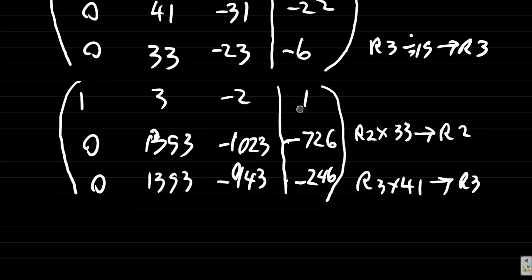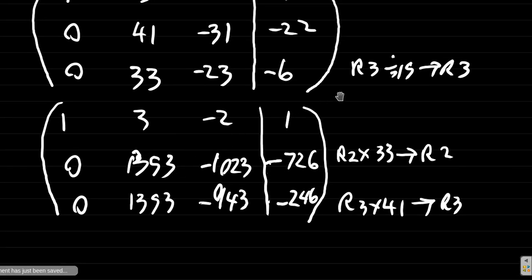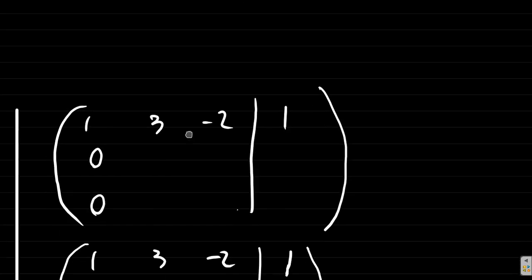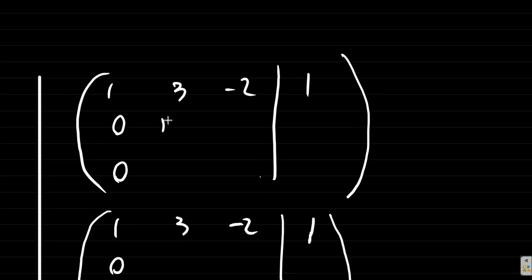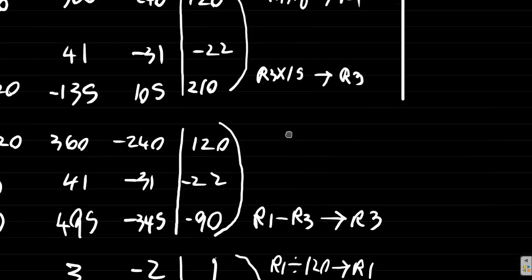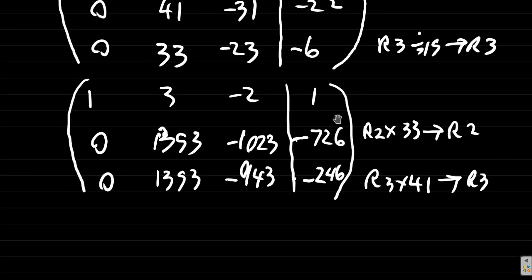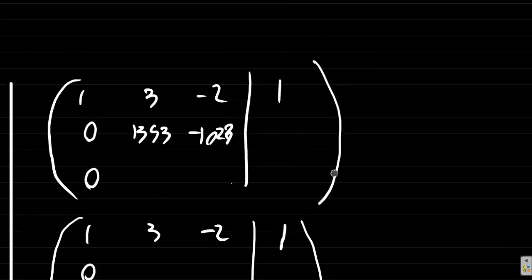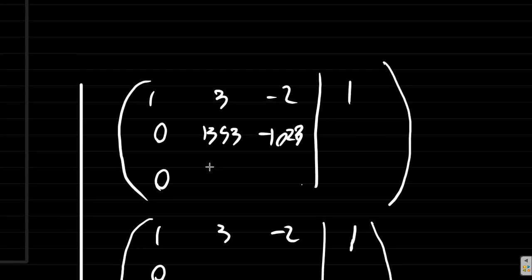So 1353 minus 1023 would come here. 1353 minus 943. So this is 1353 minus 943.